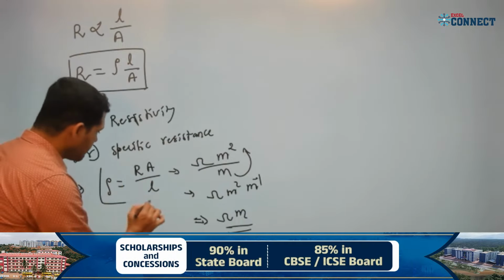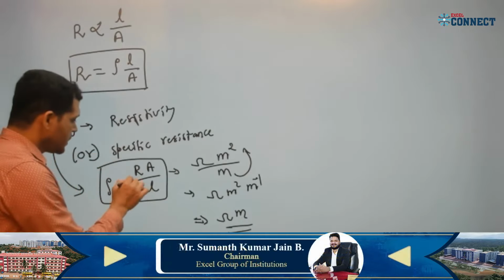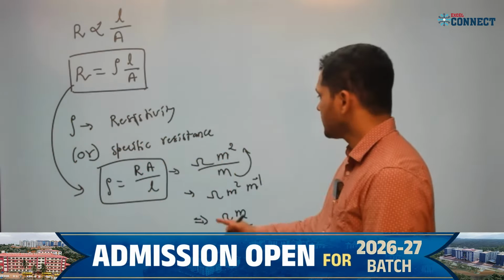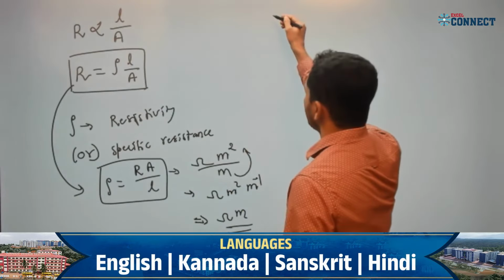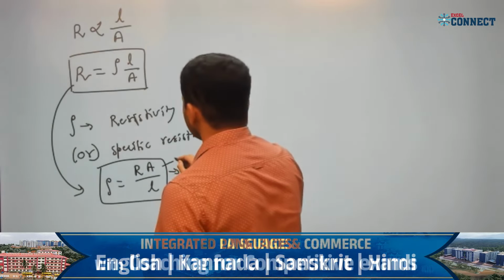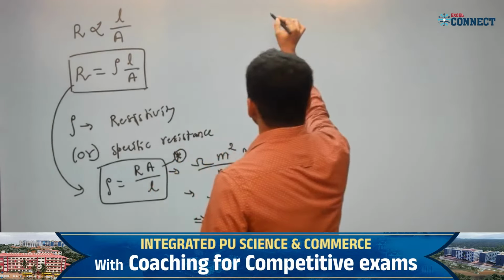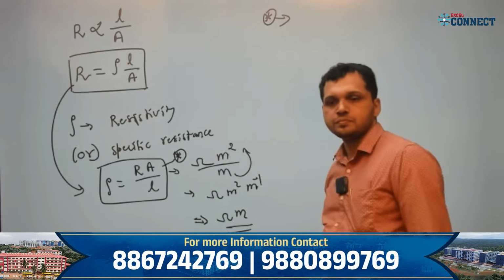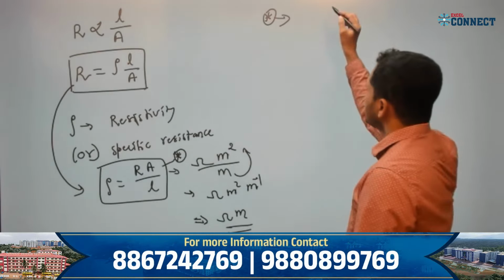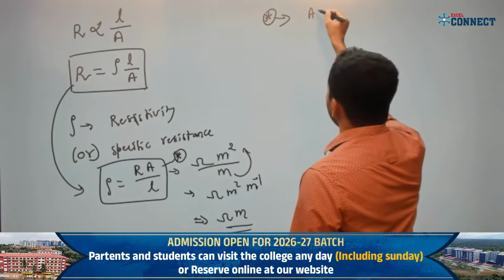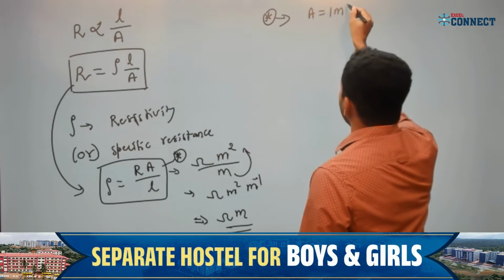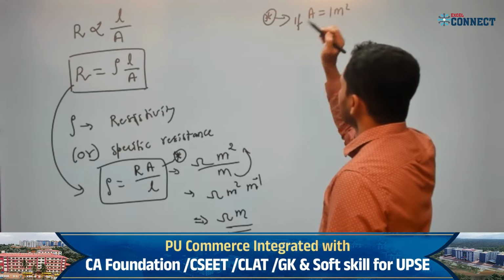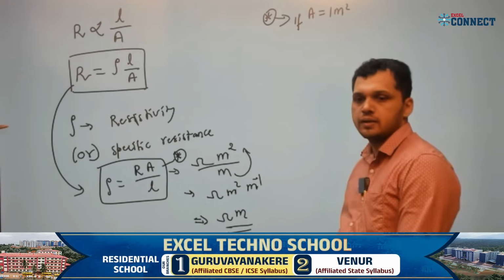Now using this equation, I will define this resistivity. Specific resistance or resistivity, how to define? I will take this equation as star. You consider equation star. I will take area of conductor as 1 meter square.